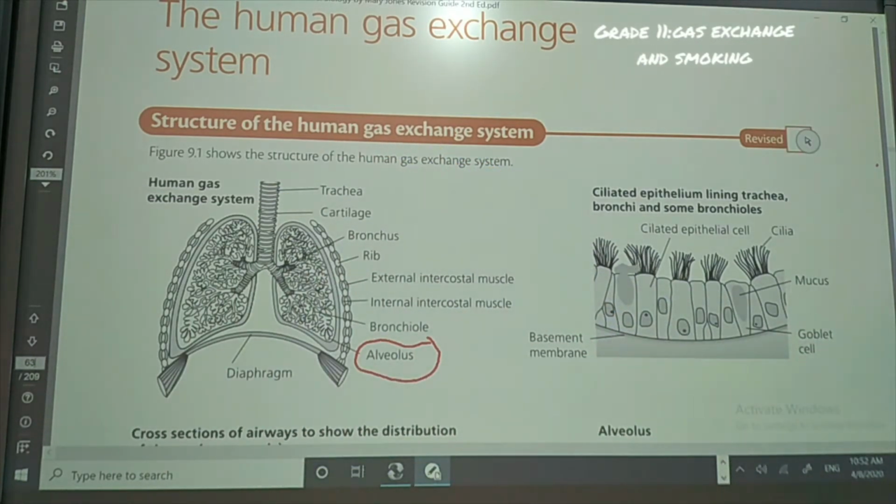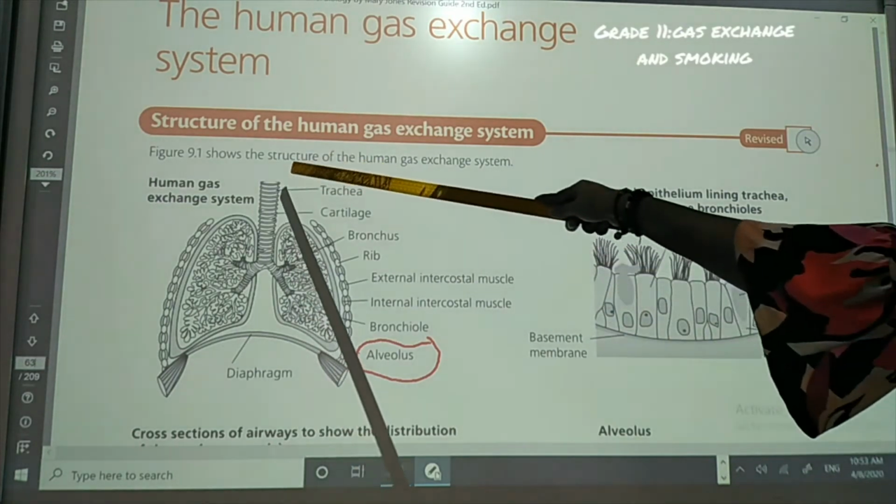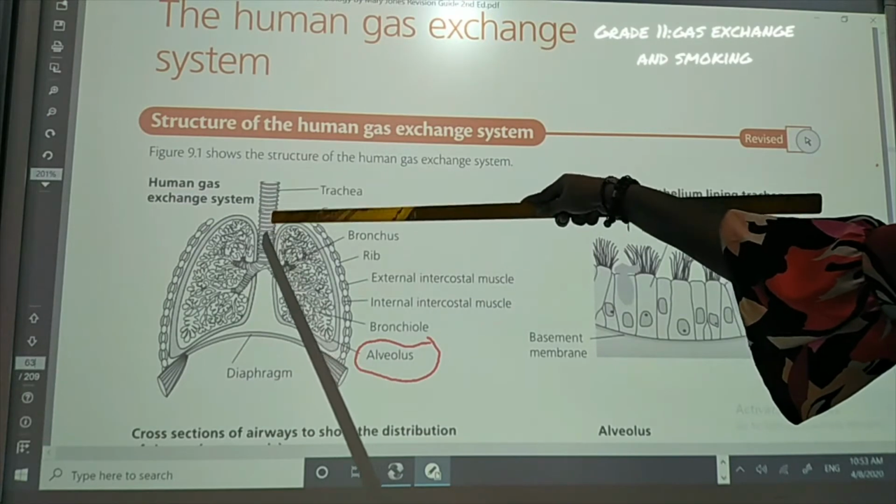So look at this next diagram. This shows us what we have inside the lining of the trachea, bronchi, and the bronchioles. So we have ciliated epithelial cells, we have the cilia, we have the mucus, we have the goblet cell. This is what we have inside the trachea.